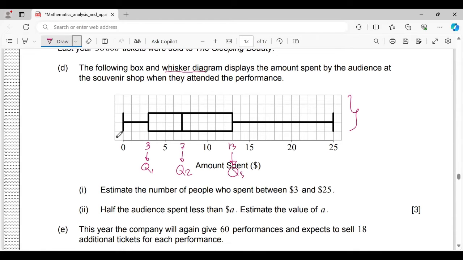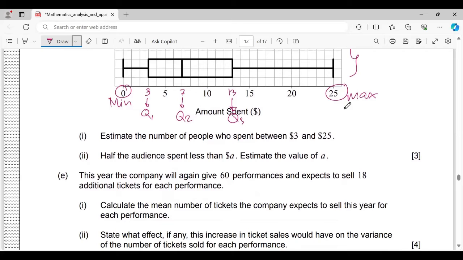So the minimum data is 0, while the maximum data is 25. So estimate the number of people spend between $3 and $25. I'm going to use this straight line.